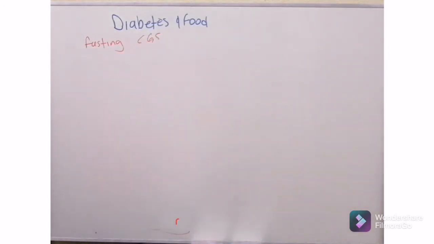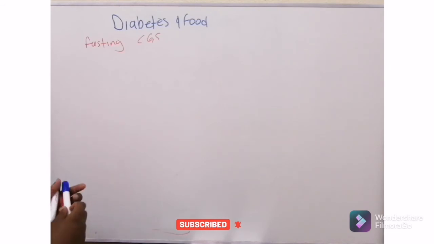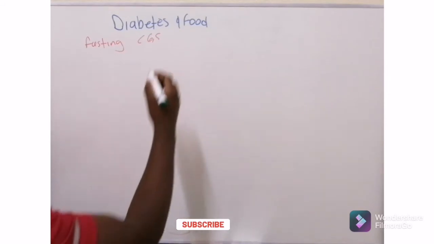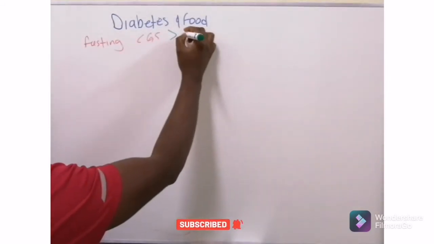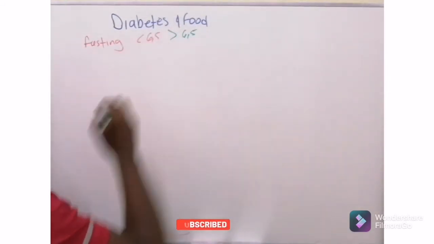Some people say 7. If you wake up and your blood sugar is less than 6.5, then we can say you are not diabetic. But for people who are diabetic, their fasting blood sugar is more than 6.5.